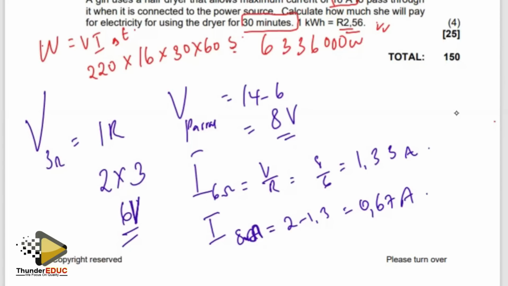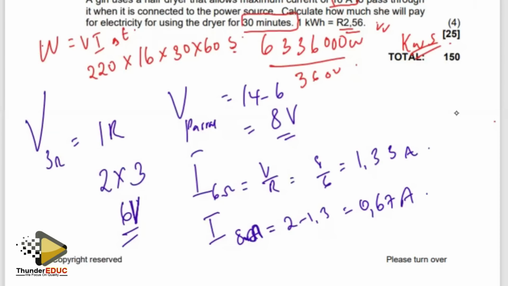Okay. Which means it's just kilowatt second. I need to change it to kilowatt hour, which means I'll divide this by 3,600. Let's see if we get our answer.